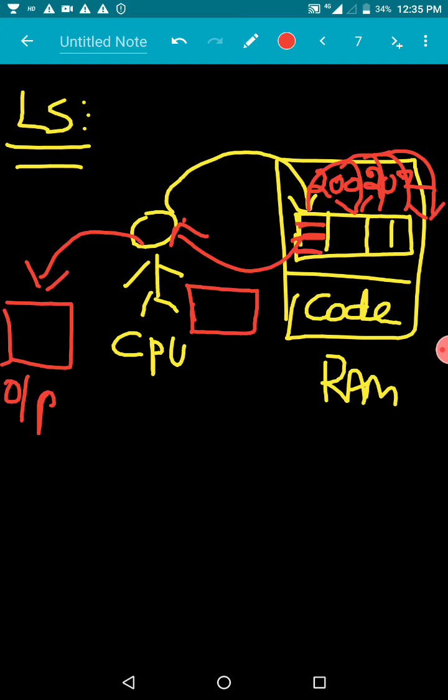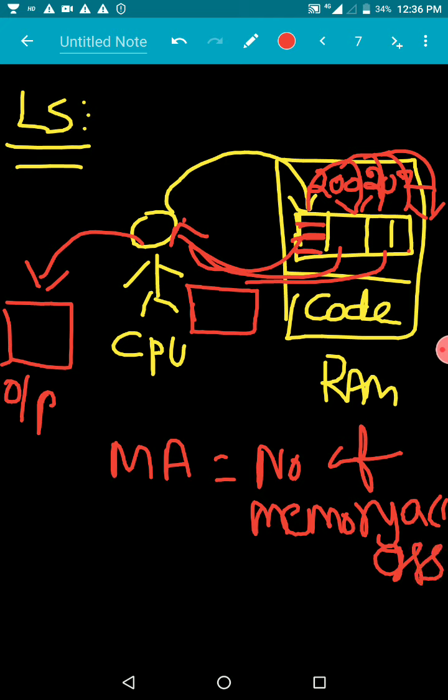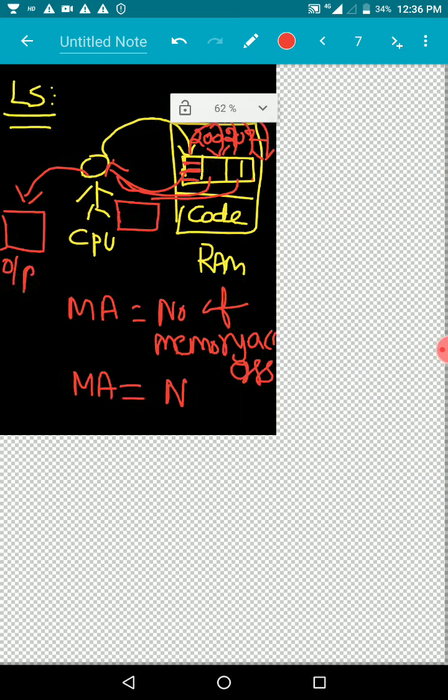Here, how many memory accesses are needed? It depends on the number of main memory accesses. In the worst case, the number of memory accesses is equal to n in the linear search.